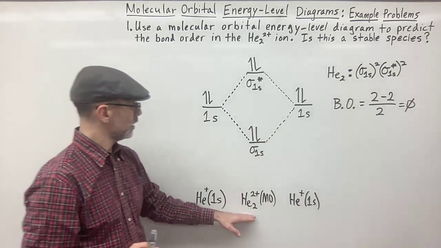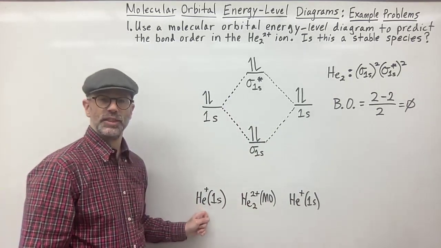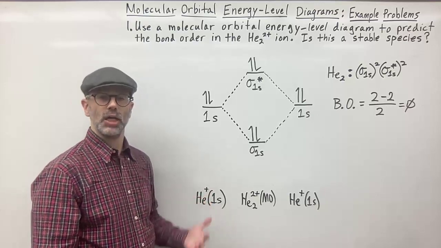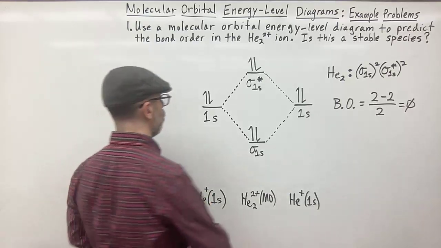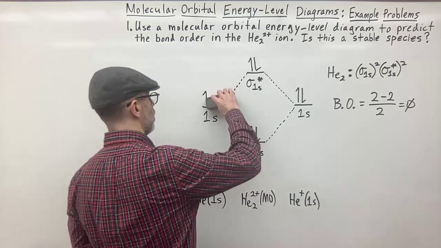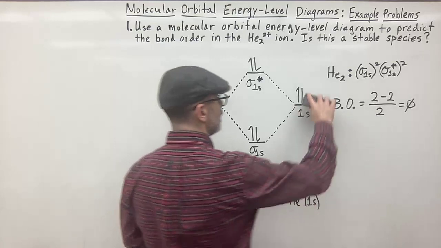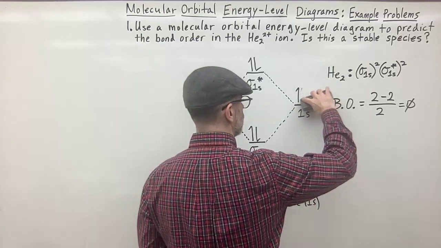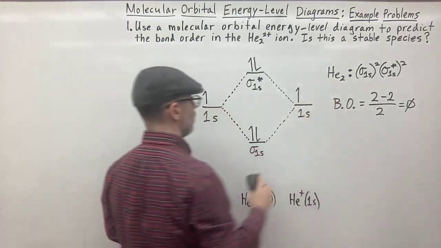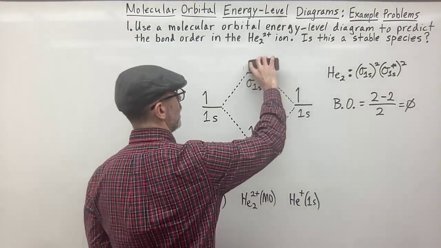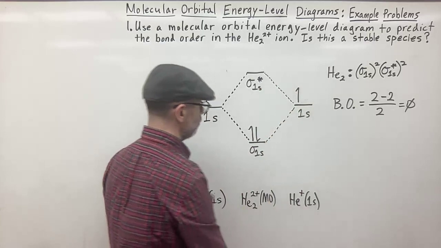In this case, since we're dealing with He+, it doesn't have 2 electrons, it lost one, so it's going to have 1 electron. The same thing with the other helium ion, 1 electron. So we're not going to have these 2 electrons here.